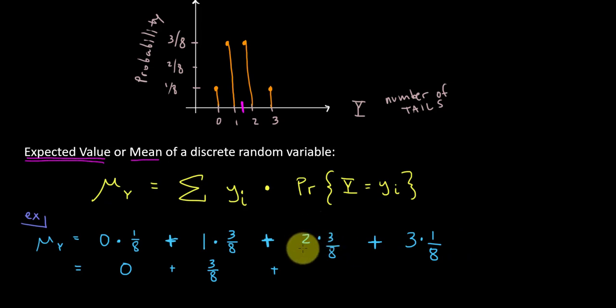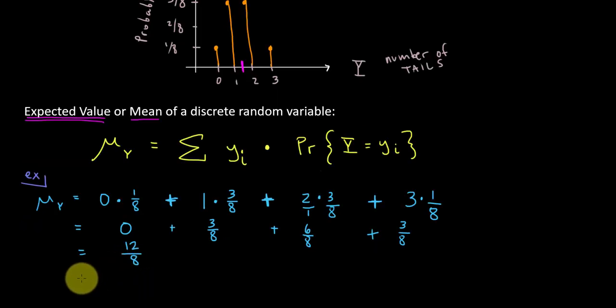Here, remember that this is like 2 over 1, numerator times numerator, denominator times denominator, 6/8, and another 3/8. So this gives us a total of how many 8s? Looks like 12 8s. Do you see it? 12 8s is another way of saying 1 1/2.